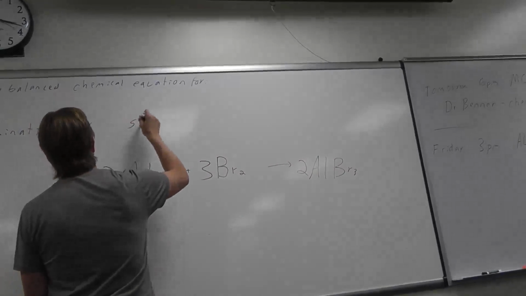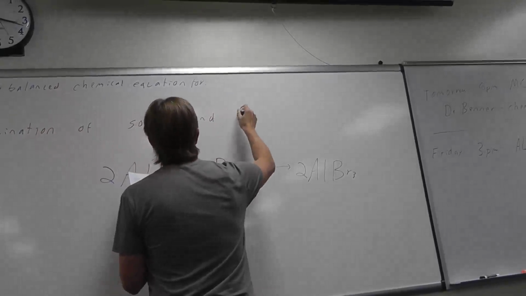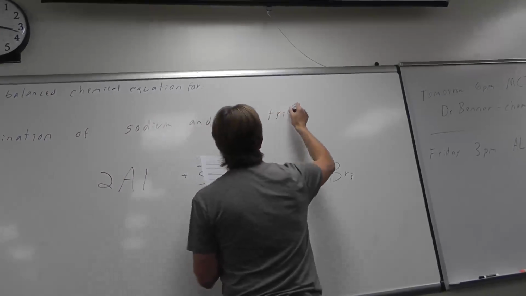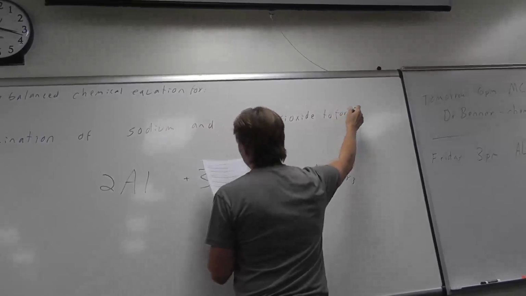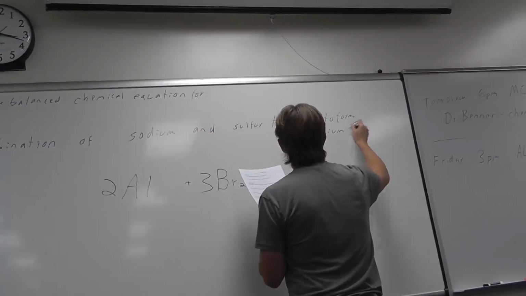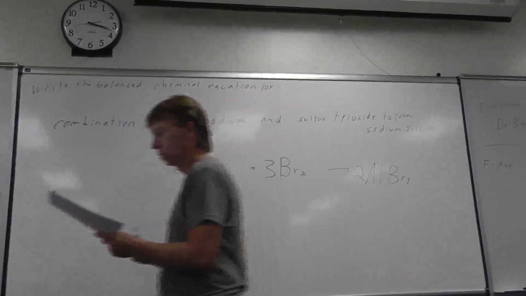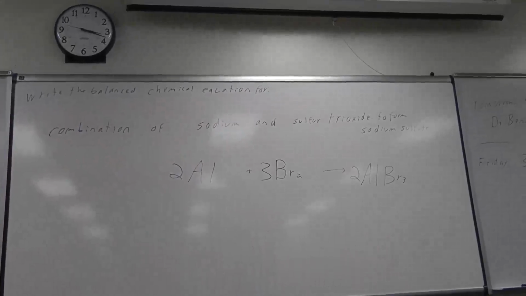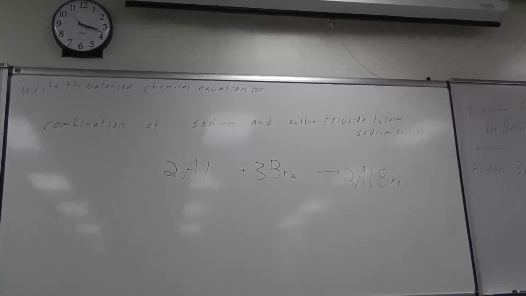Now the next one is combination of sodium and sulfur trioxide. And this time I do tell you what it's forming, because it's not a product you could figure out just simply based on charges.